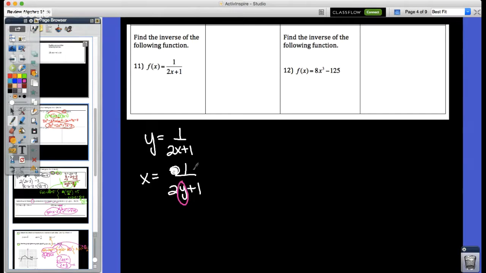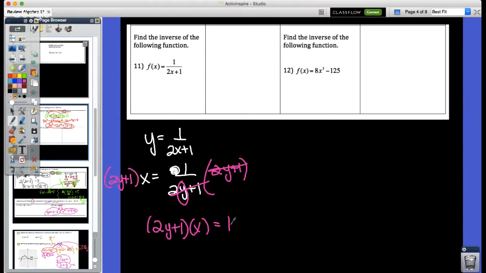So in doing that, we got to get all of this junk off the bottom, and we do that by multiplying by 2y plus 1, okay? So let's do that thing. Multiply by 2y plus 1. That cancels here, little cancel party. So we have on the left side, 2y plus 1 times x equals 1.